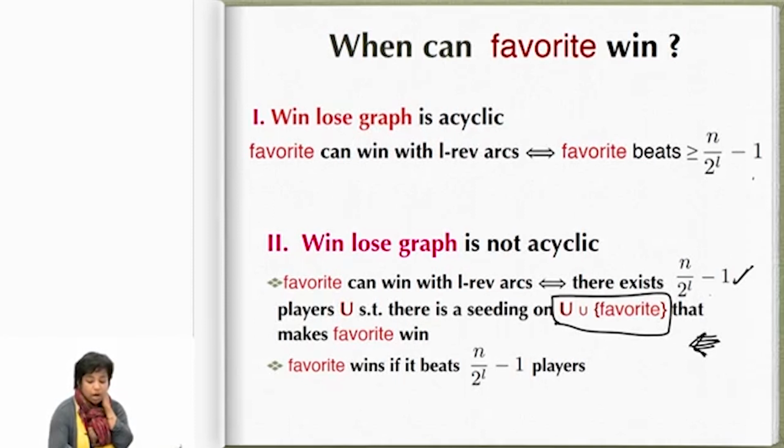These vertices would account for the log n minus L subtrees, right? There are a total of log n subtrees. For the other L subtrees, because I am allowed to have L reverse arcs, I can basically use the reverse arcs on the root of each and make V star win. So this condition is true. In this forward direction, can you say what it will be?